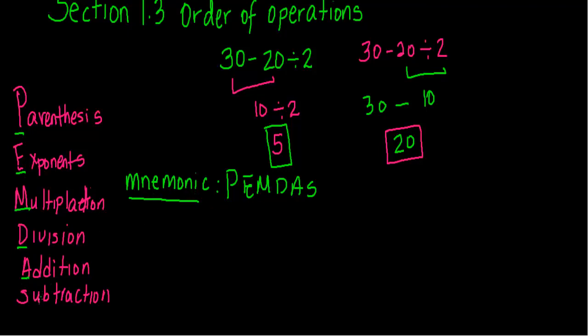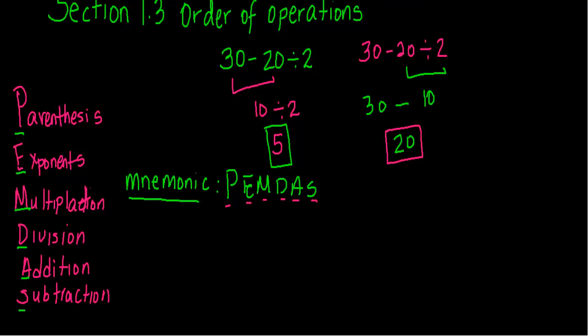It's a mnemonic. It's an order of words that we made up just to remember the order of operations. So P is parentheses, E for exponents, M for multiplication, D for division, A for addition, S for subtraction. Another mnemonic people use is please excuse my dear Aunt Sally. And there are a lot of mnemonics for the order of operations.